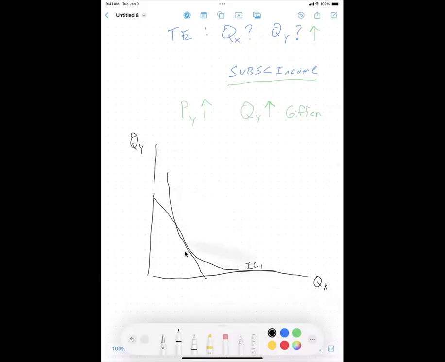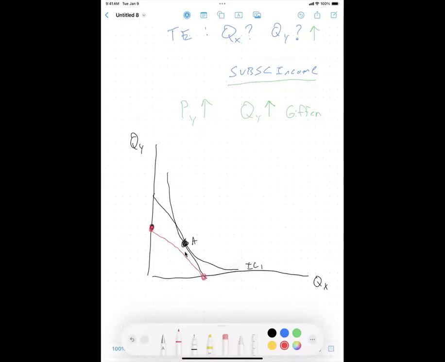So here is our consumer optimum, right? If I had a price increase in Y, what is that going to look like? That means I can now buy less of good Y, but the same amount of good X. So here's my new budget constraint, okay?